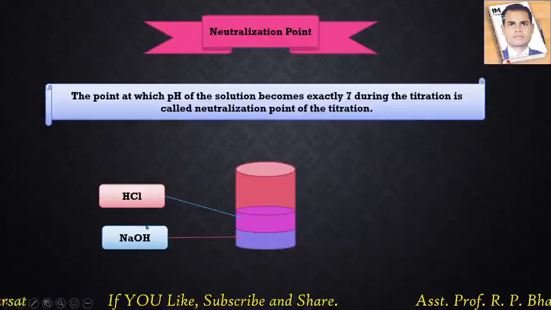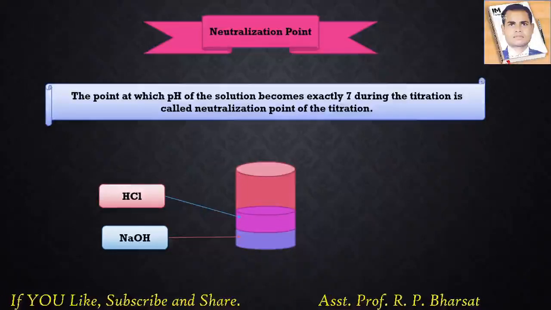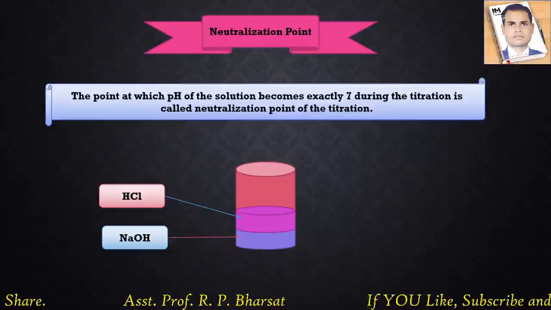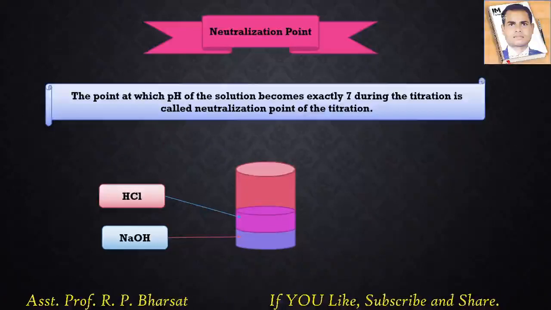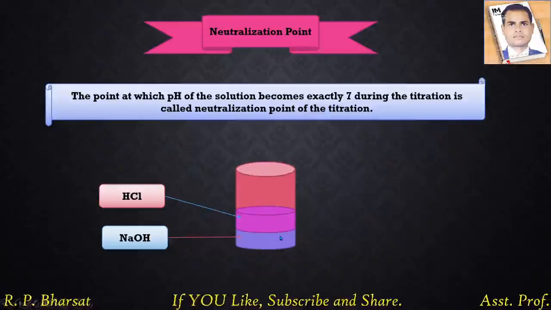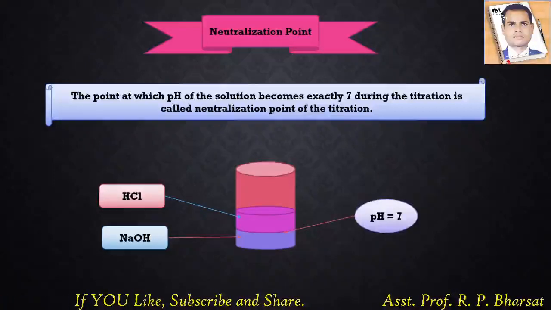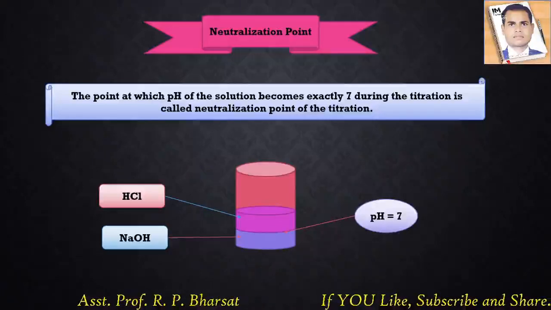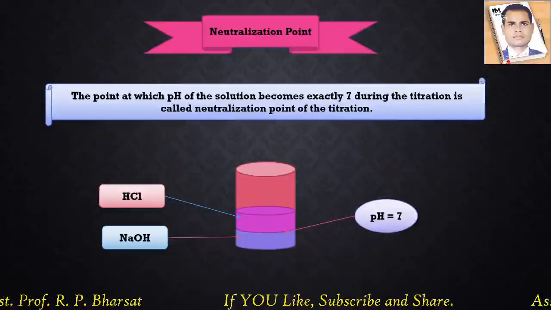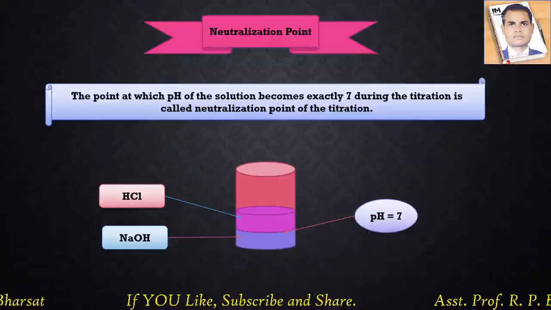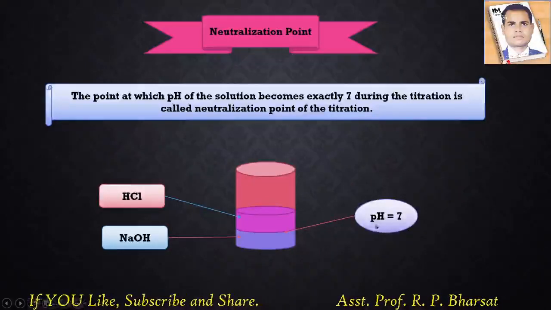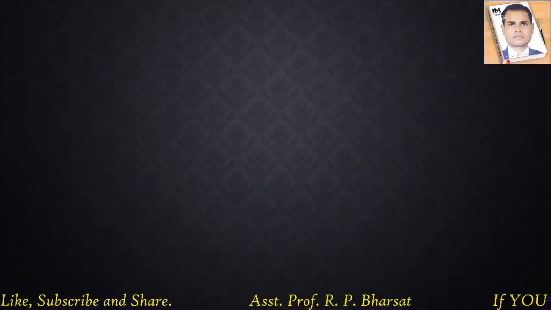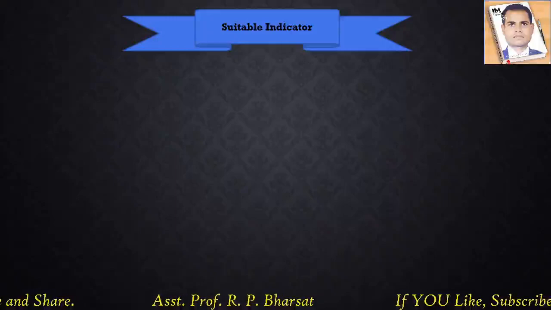The concentration will be the same and the strength is also the same, as we have seen in the previous term. So the pH of this solution will be 7. That means if you add the same concentration and same volume of acid and base solution, you will get pH 7.